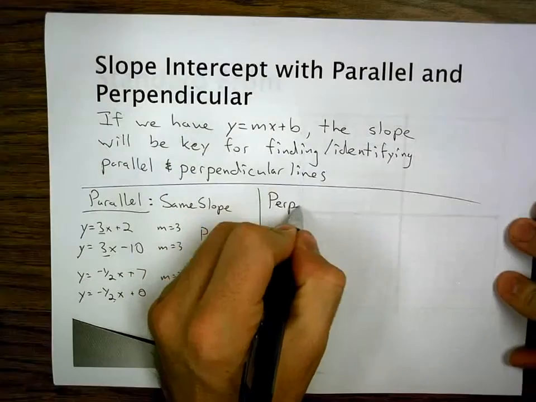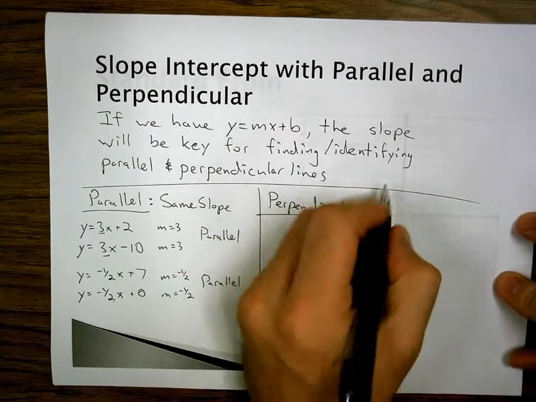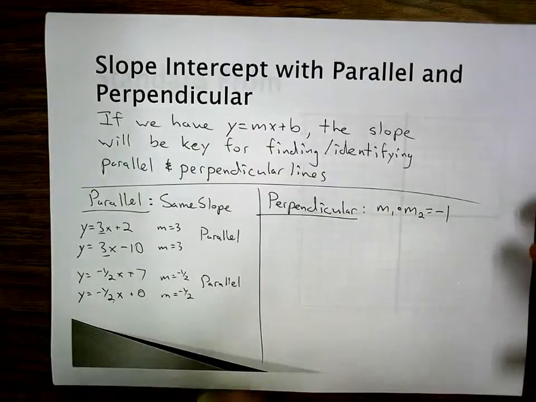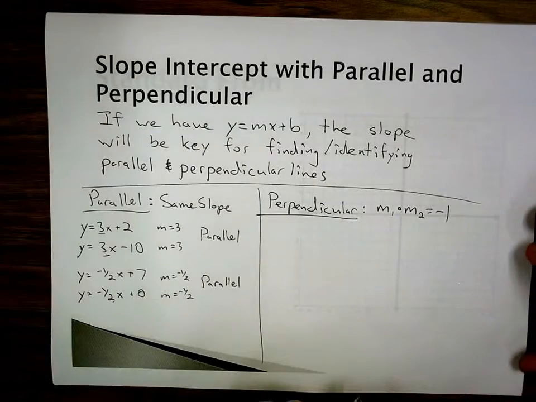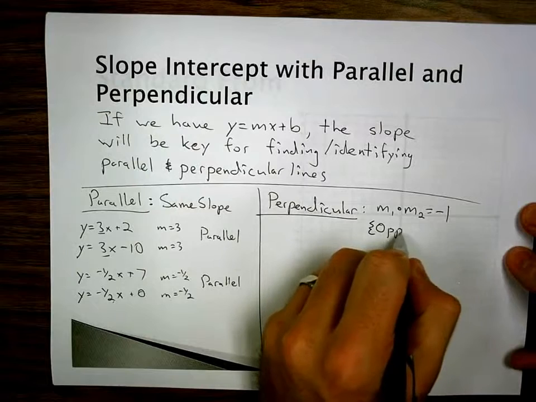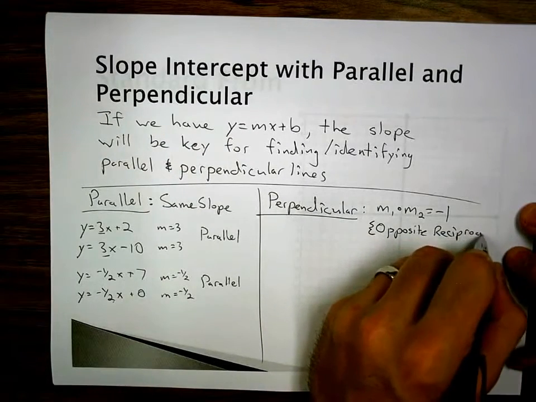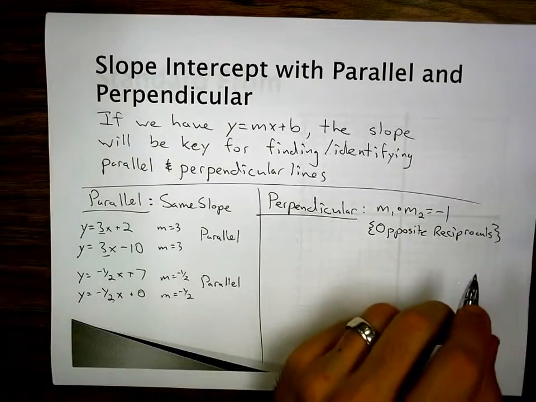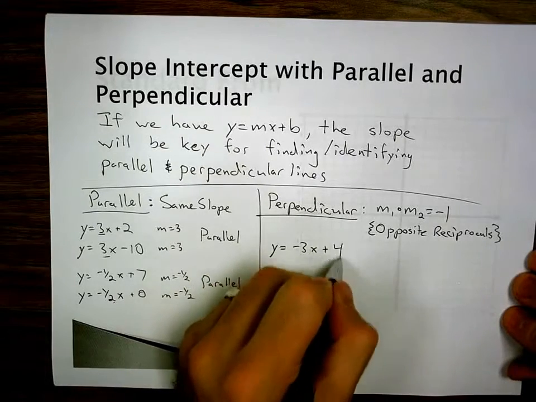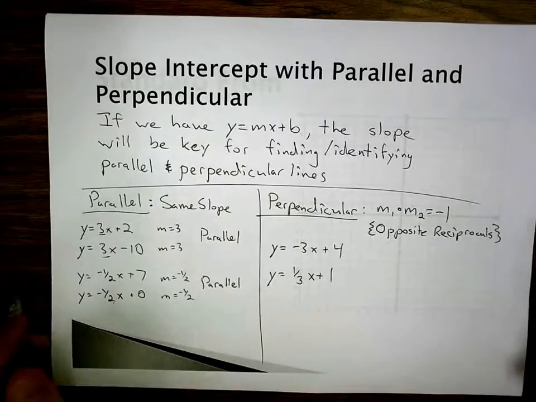Now we go to perpendicular. We talked about perpendiculars: m1 times m2, or if we multiply the slopes, their product is negative 1. You could also say the two slopes are opposite reciprocals of one another. So let's say we have y equals negative 3x plus 4 and y equals 1/3 x plus 1.